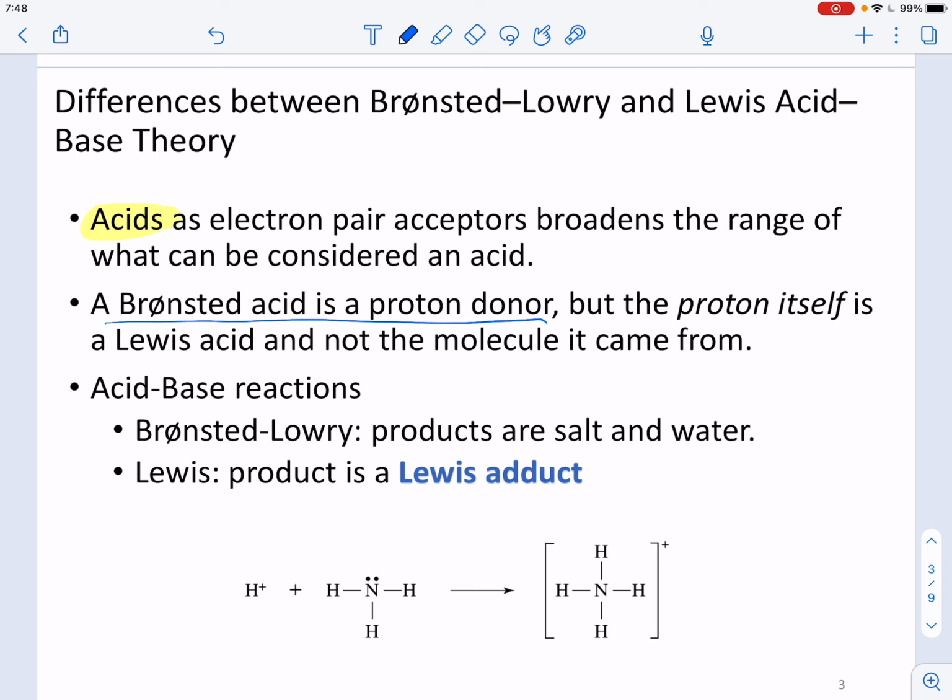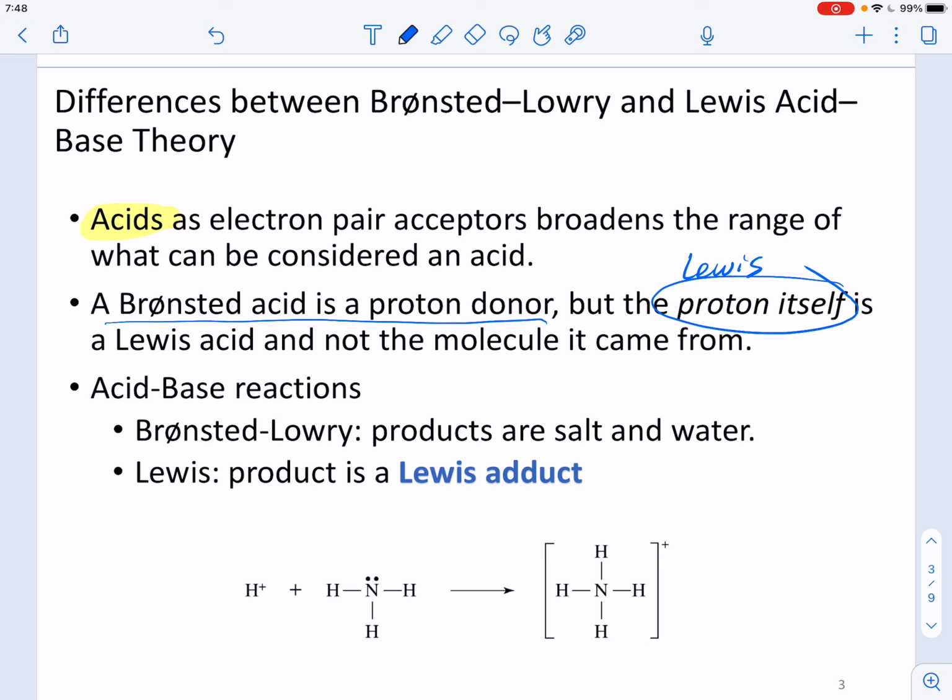For the Lewis theory, what is the acid now? The Lewis acid is not the compound containing the proton, but the proton itself. The proton is the one who is going to receive that lone pair, those electrons.